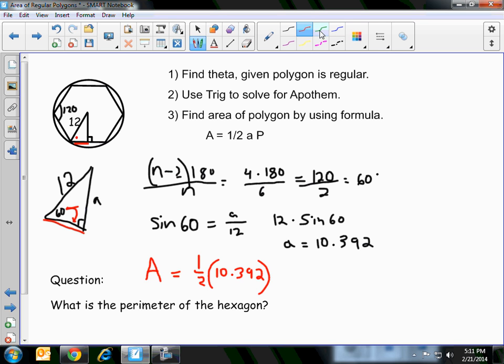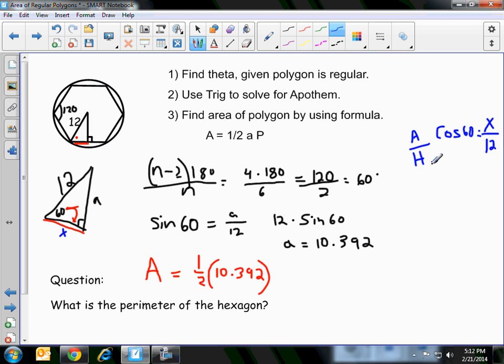So let's see, some other color. Blue sounds good. And my adjacent over hypotenuse, I'm going to use to find my perimeter. So adjacent over hypotenuse is my cosine. I'm going to write an equation to help me solve for, what would we call this? Let's call it x. The cosine of 60 degrees is equal to the adjacent over my hypotenuse.